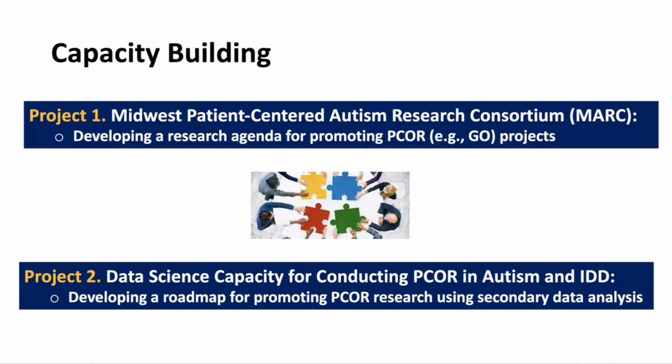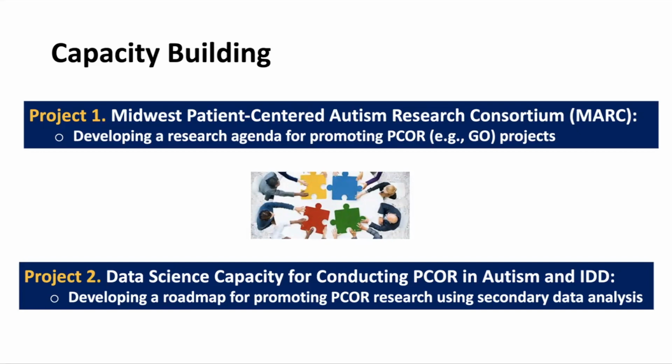Project 1, or as we call it, MARTH, aims to develop a research agenda and strategies for a regional consortium to promote patient-centered outcomes research, such as geo projects. And Project 2, or the Data Science Project, aims to develop a roadmap for promoting such studies using secondary data analysis of existing databases.